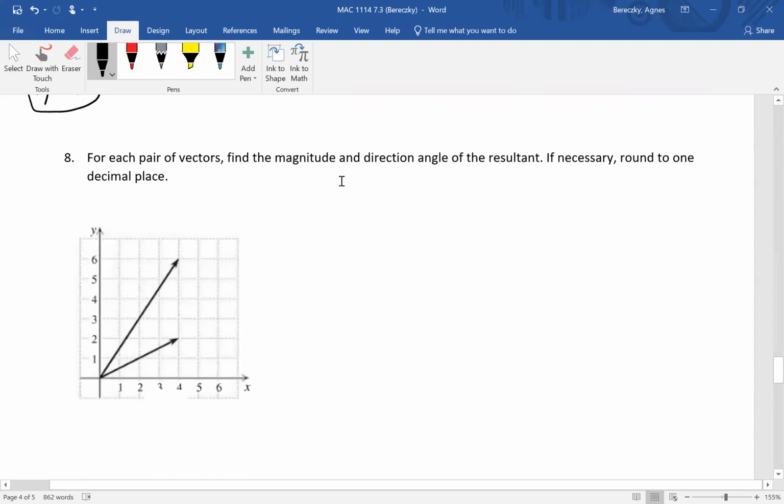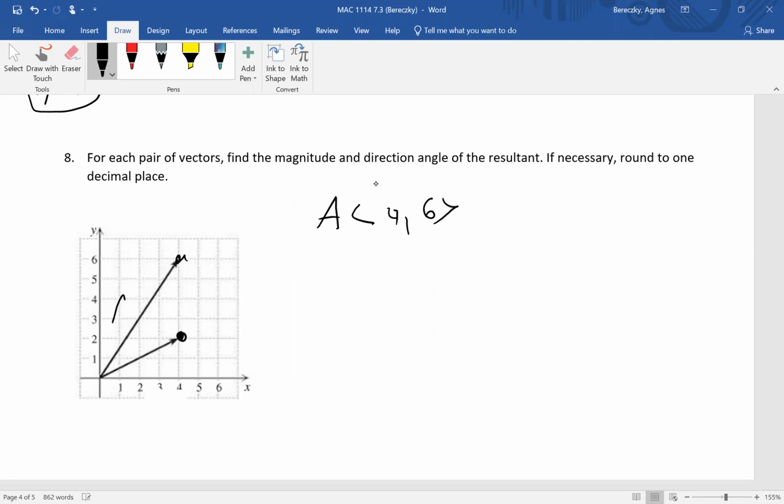For each pair of vectors, find the magnitude and direction angle of the resultant, if necessary, down to 1 decimal places. So we have one vector that we're going to call A. No, I'm going to call A is 4 and 6. And B will be 4 and 2.